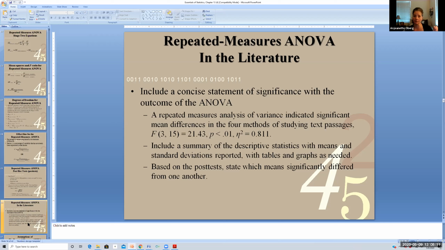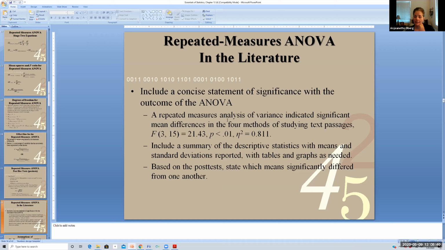Okay, when we do report, we need to adhere to appropriate APA formatting. So that's in the literature section of each of your chapters. And that is actually seen down here, where we're saying what technique, were there significant differences in the DV based on the IV, and then we have our statistical evidence.